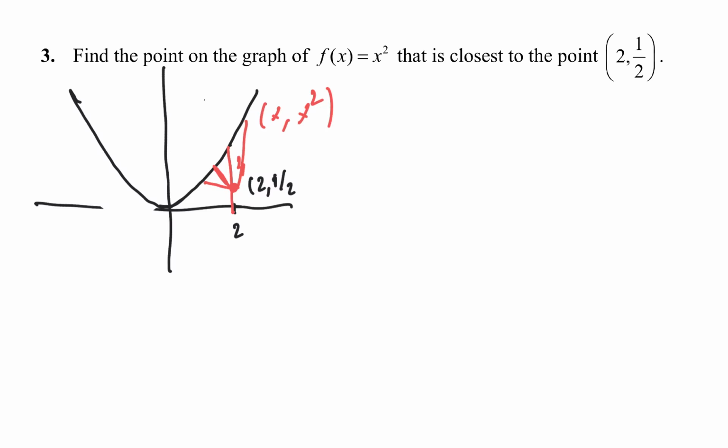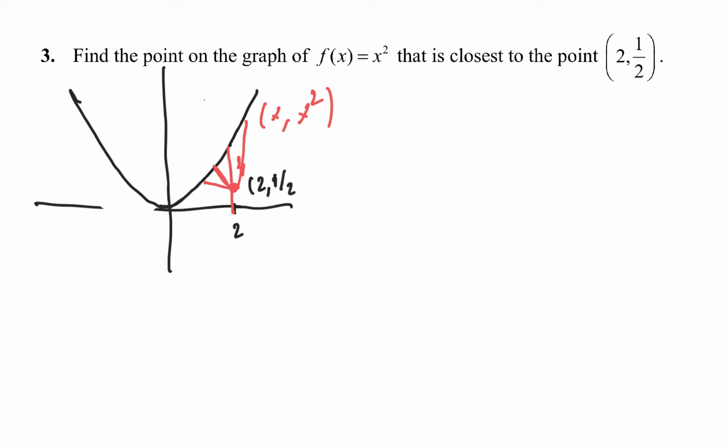And it says, try to find the point that has the minimum distance. For example, the distance between this point and this point: this is 1/2, and this point is 4. So 4 minus 1/2 is 3.5. So it's a big distance, so there should be a smaller distance.